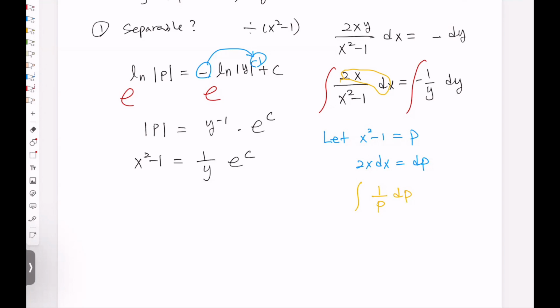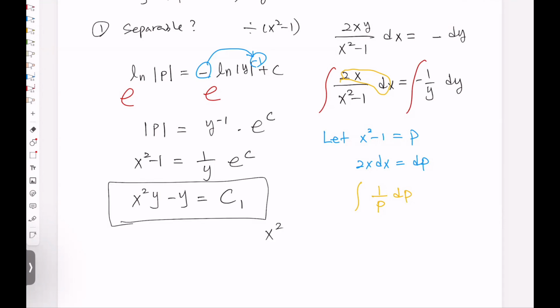And we're going to multiply by y on both sides: x squared y minus y equals c1. And we said x squared minus 1 has to be greater than 0, and y has to be greater than 0. So they are the same. We just did the problem using the exact method, and we have the same answer here.